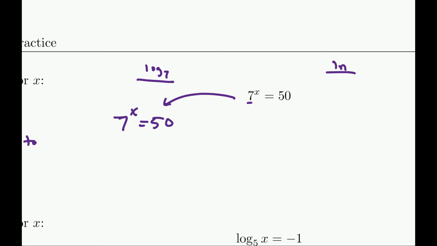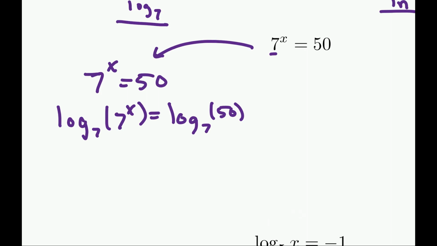And then we take the log base 7 of both sides. You would have log base 7, 7 to the x, equals log base 7 of 50. Now, on the left-hand side, the log base 7 and the 7 exponential cancel out and leave you with x. On the right-hand side, nothing cancels out, so you just get log 7 of 50.